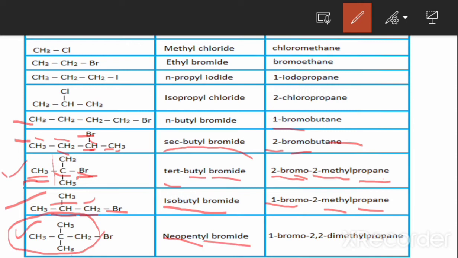For its IUPAC name, we have to find the parent chain. The parent chain consists of 3 carbons, and on the first carbon there is a halogen, and on the second carbon there are two methyl groups, and we will name it 1-bromo-2,2-dimethylpropane.